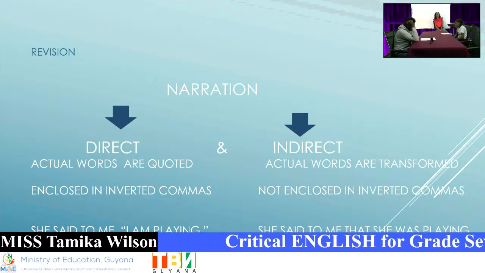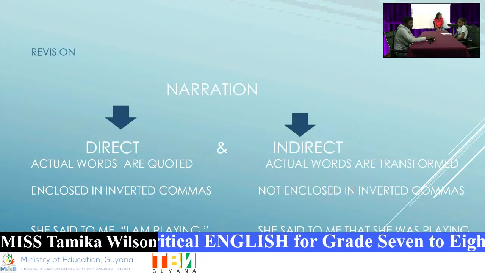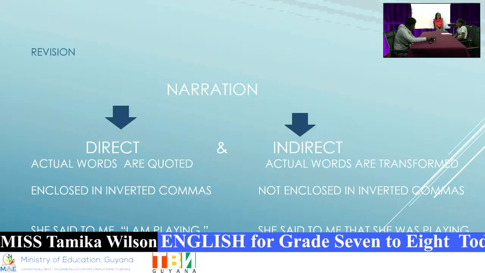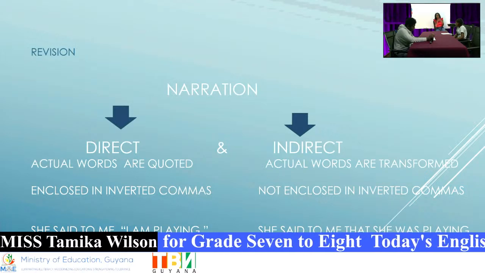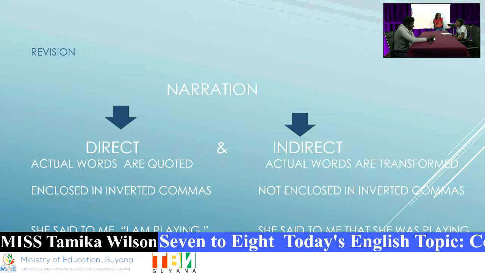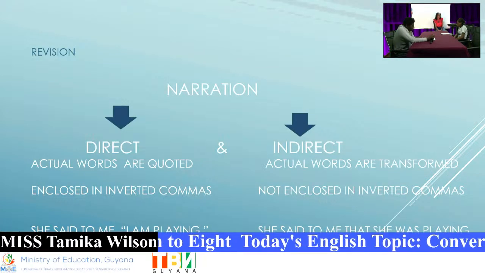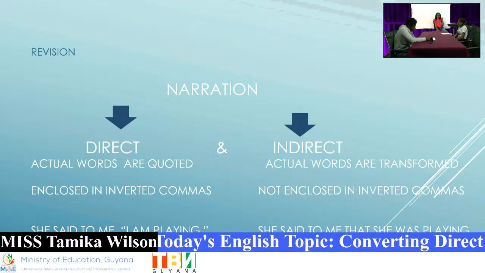Our example is here. She said to me, "I am playing," enclosed in inverted commas because those are the exact quoted words, yes? And the other part, she said to me that she was playing. So we see a transformation of the sentence.